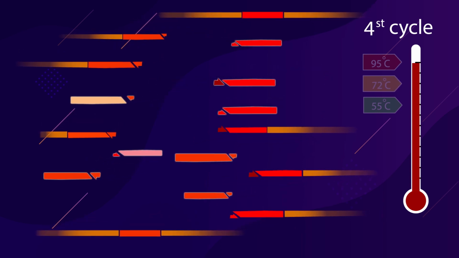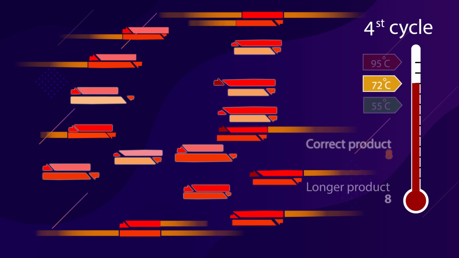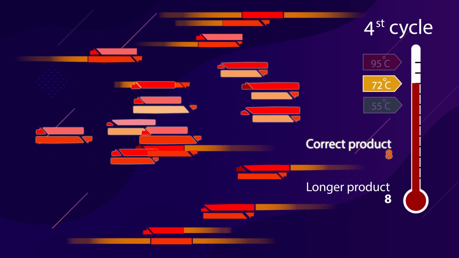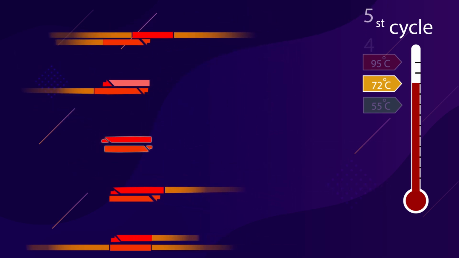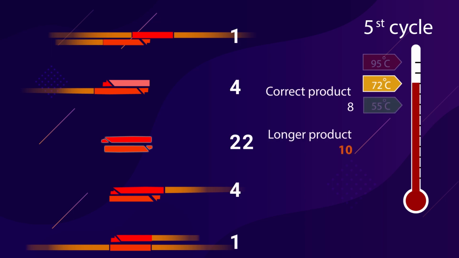Cycle 4: heating, hybridization, DNA synthesis. At the end of the 5th cycle, there are 22 double-stranded DNA fragments of the correct length, and 10 longer ones.